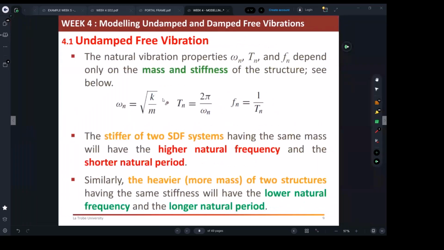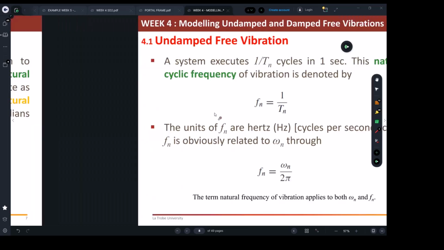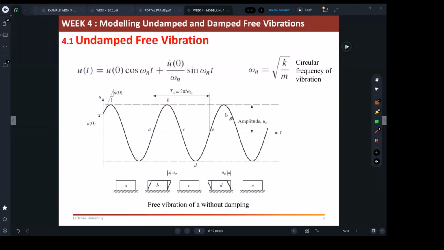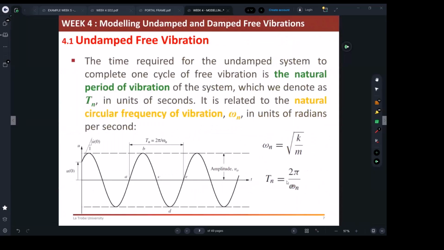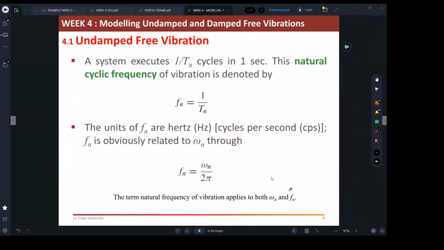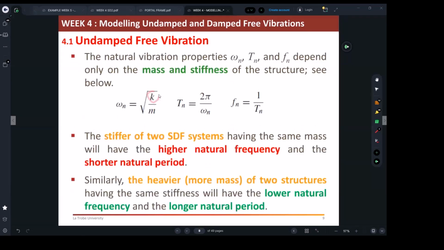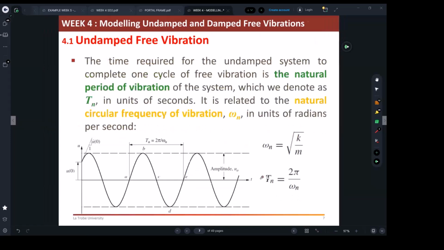Maybe it's better to look at the T equation. When the stiffness decreases, this will decrease, and what's going to happen to T? It will increase.